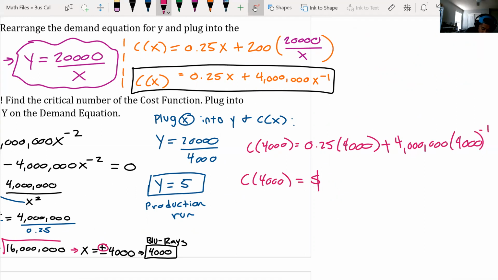All right, calculator go. Make sure I have 4 million in there, right? And the minimum cost of producing 4,000 Blu-rays and 5 production runs is going to be $2,000.